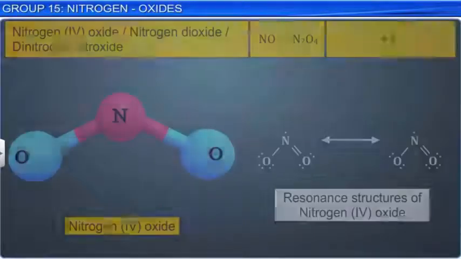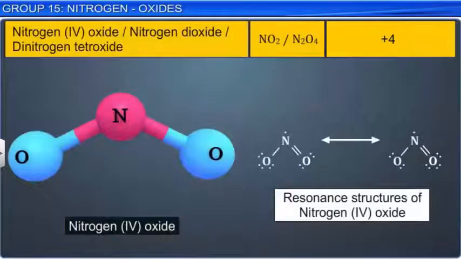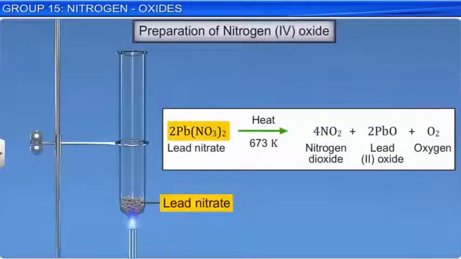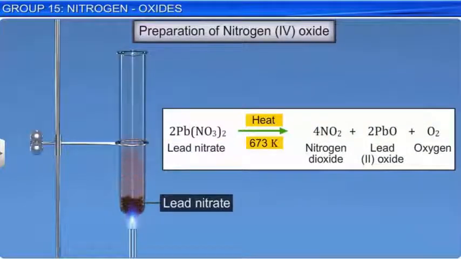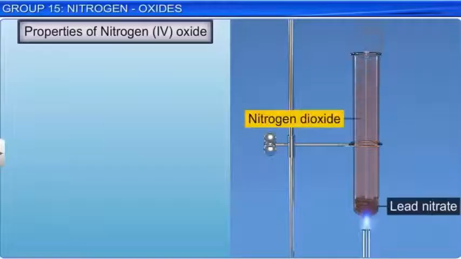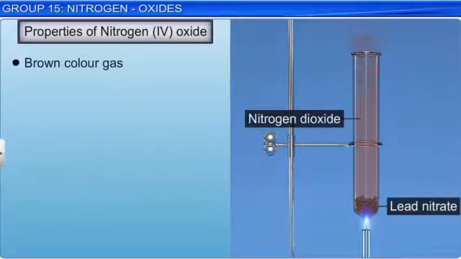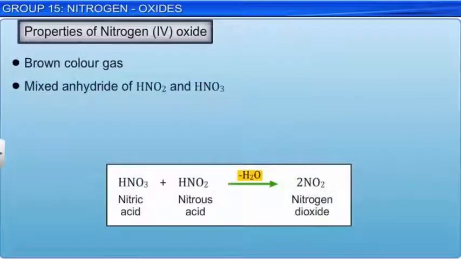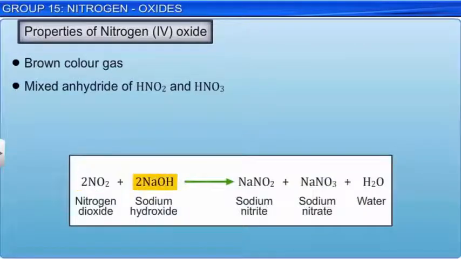Nitrogen 4 oxide, also called nitrogen dioxide, is prepared by heating lead nitrate at about 673 Kelvin. Nitrogen dioxide is a brown gas that is a mixed anhydride of nitrous acid and nitric acid. It neutralizes alkalis to form nitrites and nitrates.